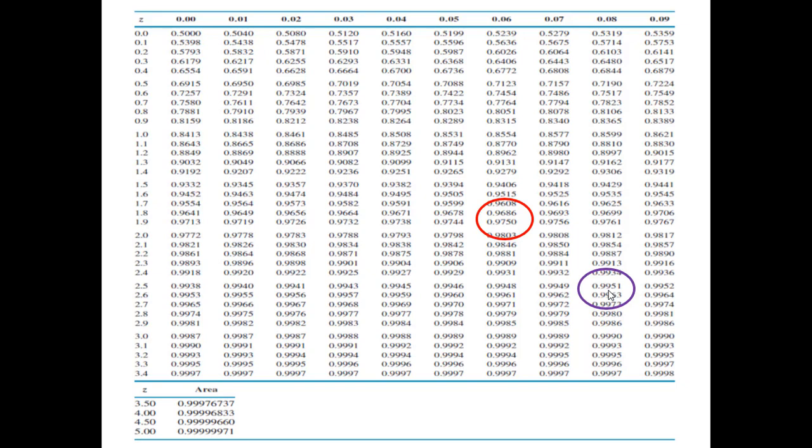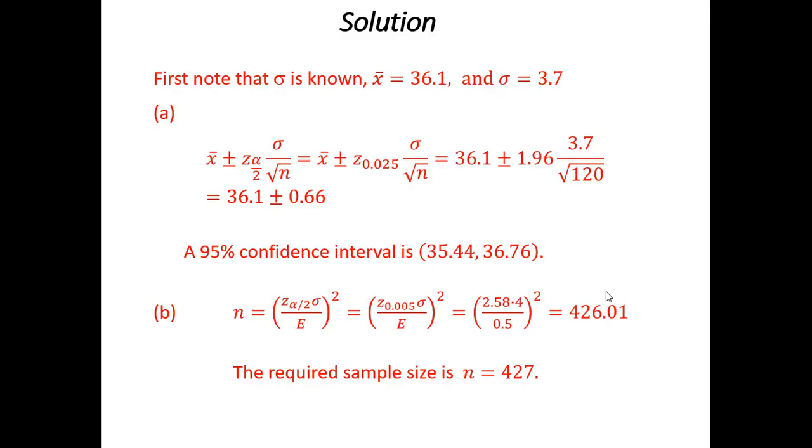So using this table here, the value I would look for is this one right here, 0.9951. We could probably use this one as well. But the z value that we'll use here is 2.58. Okay, so that's how we get our z term in this solution. This 2.58 comes from the table.